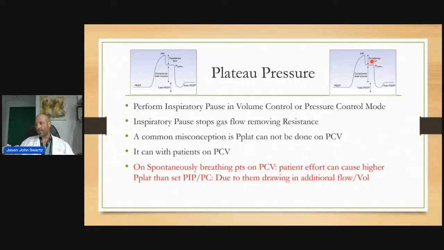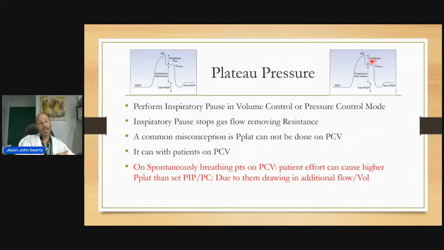The thing with pressure control is there's no flow limitation, right? There's no set flow. So when your patient is on pressure control and perhaps taking a breath, well synchronized with your AC/PC setting, the vent will deliver a set drive pressure, or delta P, right? A pressure gradient.